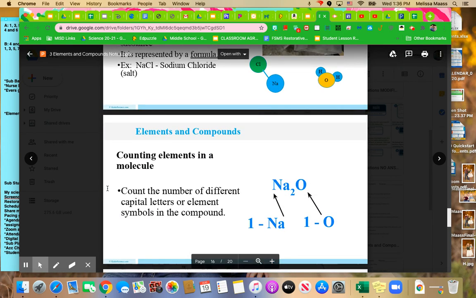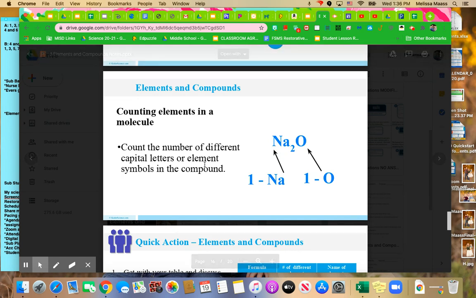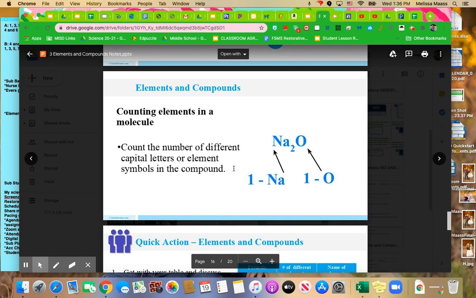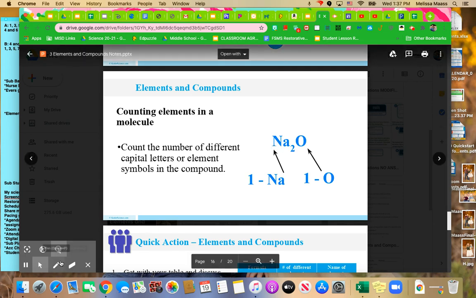So anywho, counting elements in a molecule, just like I talked about, count the number of different capital letters or element symbols in the compound. In this formula here, this is an element, and then this is an element.